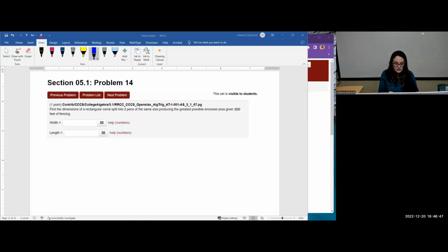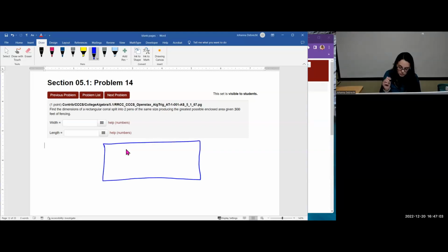Find the dimensions. Okay, so I'm looking for the size of something, of a rectangular corral. So first thing I'm going to draw is a rectangular corral. Okay, so I've got my rectangular corral. It says the rectangular corral is split, divided into 2 pens of the same size.